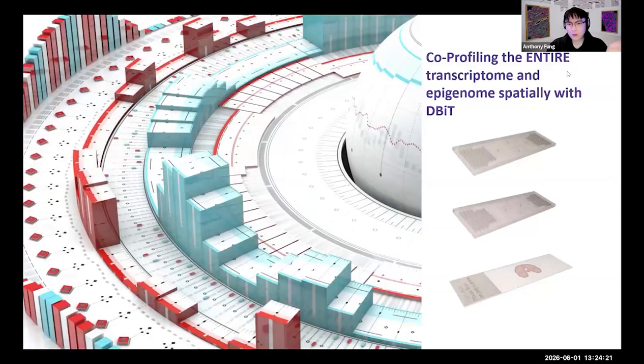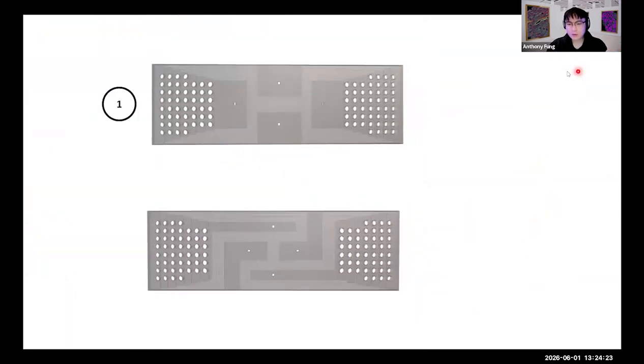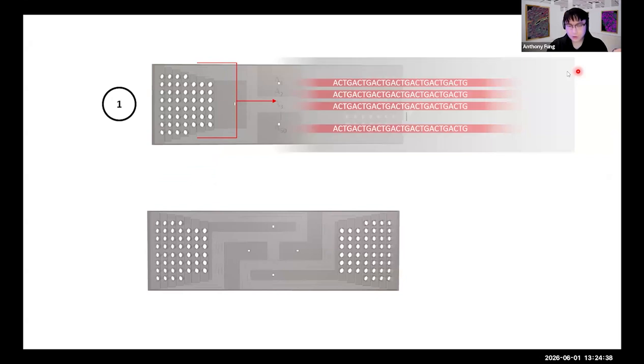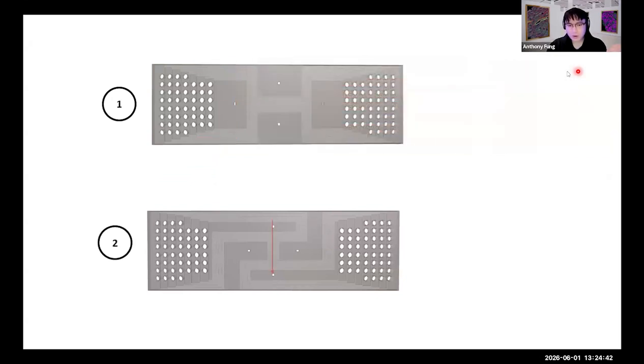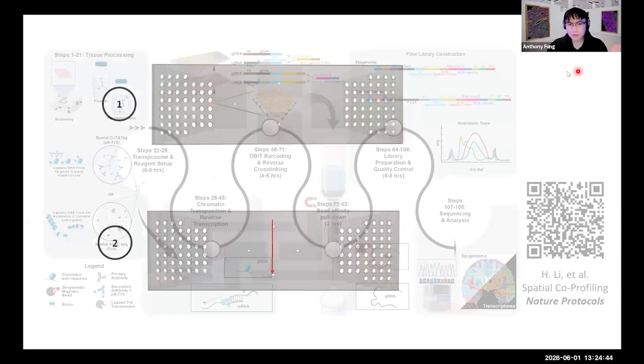DBiT is our way to profile the entire transcriptome and epigenome simultaneously, with very deep sequencing, spatially. We made these PDMS chips, and they have microchannels down to 10 microns in width. We flow a bunch of oligo barcodes across the tissue, and then we repeat that in the opposite direction using another unique set of barcodes.